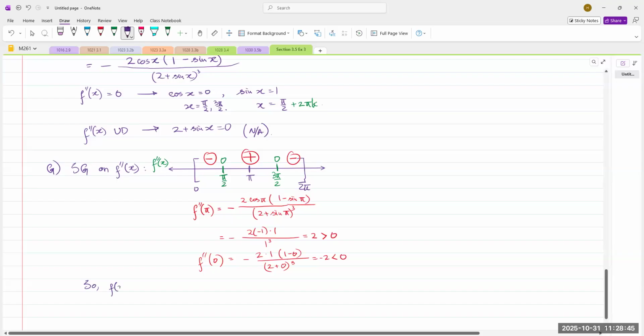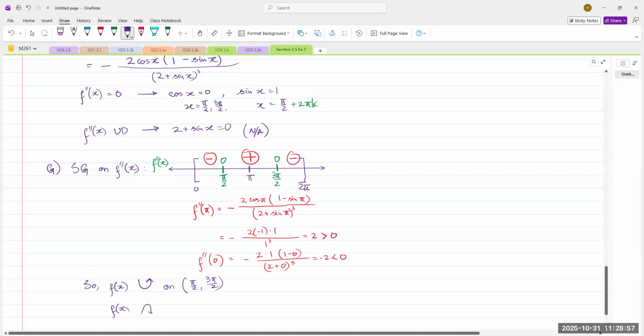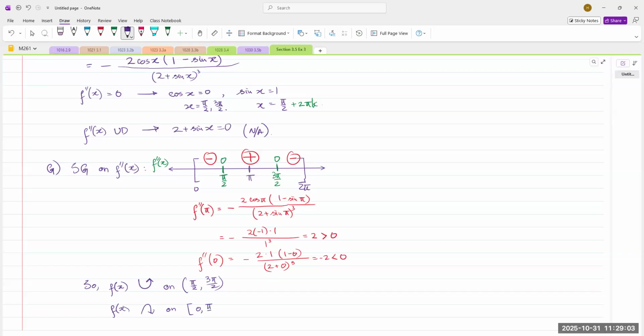So the function f of x is concave up on the interval of pi over 2 to 3 pi over 2, concave down on the interval from 0 to pi over 2 union 3 pi over 2 to 2 pi.